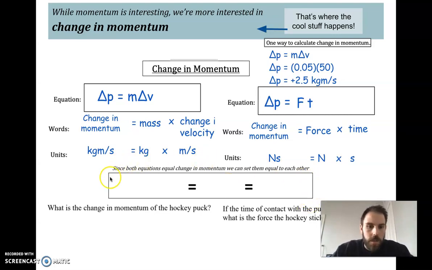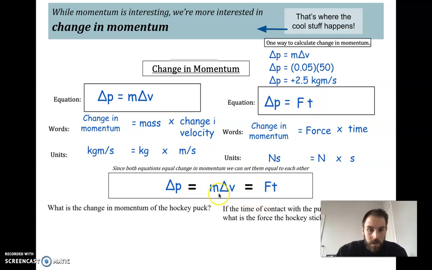All right. So I like to use this box to bring together all of our equations. Instead of having this equation and this equation and this equation, when we're talking about change in momentum, so many things are equal to each other. So for instance, I have my change in momentum, and that's equal to mass times change in velocity, right? But then we know that change in momentum is also equal to F times t, force times time.